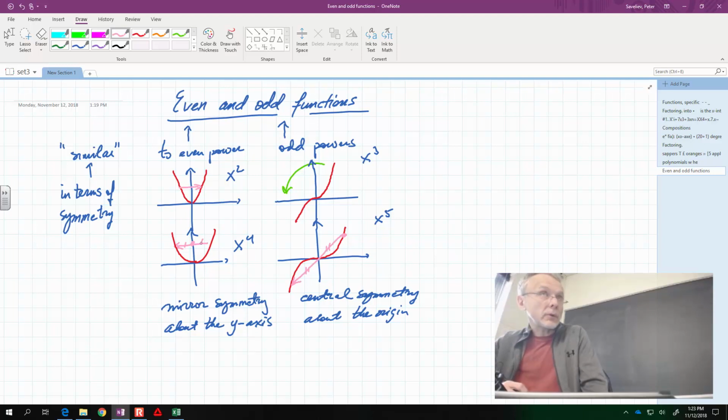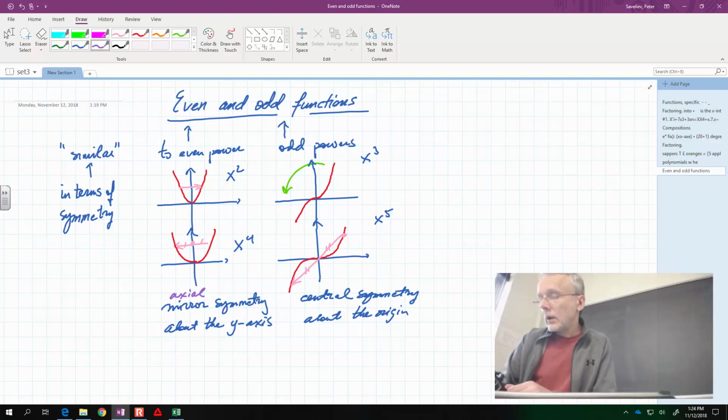So that's central versus, I don't know, axial maybe. I'm not sure what the good word is here. So symmetry about an axis or a line, or symmetry about a point. Central symmetry is also quite descriptive, even though physically it is easier to actually execute rotation to get the function into itself. So that's how we describe odd and even functions.